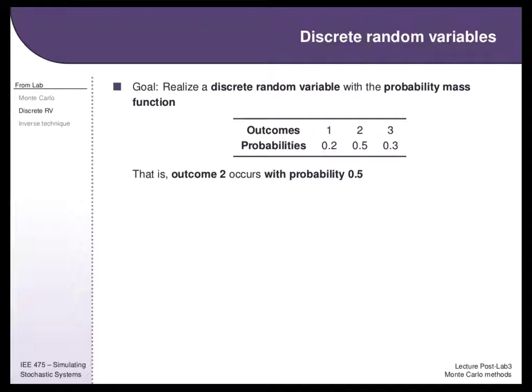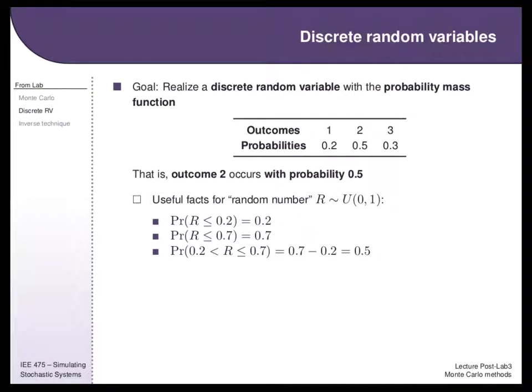This is the thing that I talked about in the lab and a little bit earlier today. If I have 3 outcomes with desired probabilities, I can say, a uniformly distributed random number between 0 and 1 has a really nice property that it's very easy for me to get outcomes with set probabilities. If I want an outcome to happen 20% of the time, I can ask, how often is a uniformly distributed random number less than 0.2?